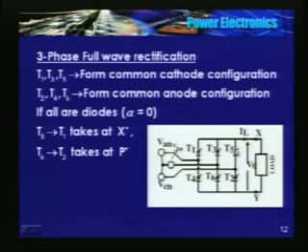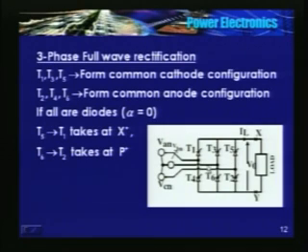Now please remember, I have changed the number suffix. I am calling them 1, 3, 5, 4, 6, 2 because there is a particular reason. It will become very obvious as we proceed. So prior to T1, T5 was conducting.